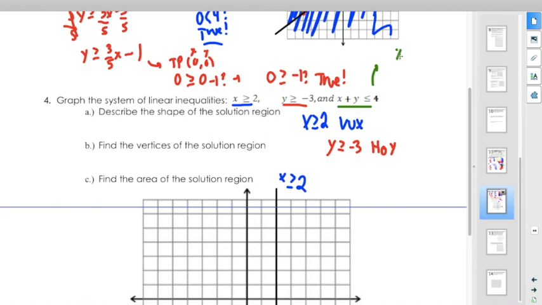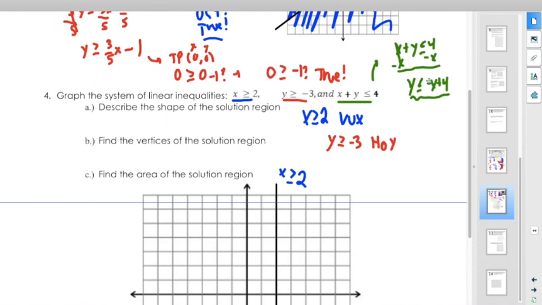So we have x plus y is less than or equal to 4. Got to get y by itself. Let's subtract x from both sides. Cancels out. And y is less than or equal to negative x plus 4.